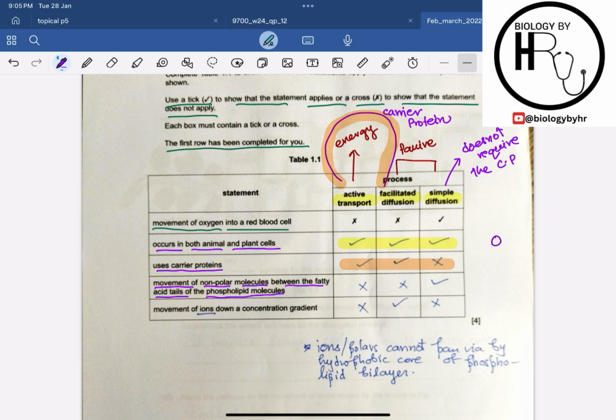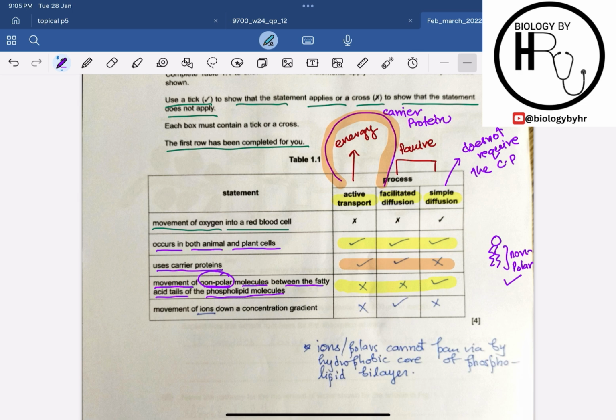We know that the fatty acid tails of the phospholipid molecules are non-polar, which means they are hydrophobic in nature. So they will allow the movement of non-polar molecules. The substance can pass through simple diffusion as well, and there will be no need of facilitated diffusion or active transport.